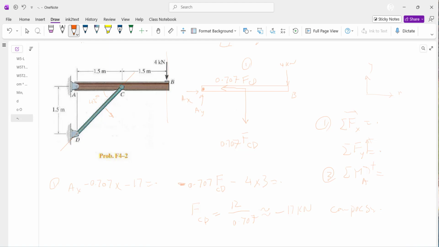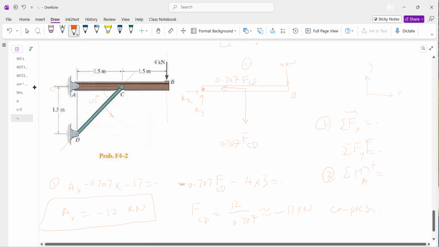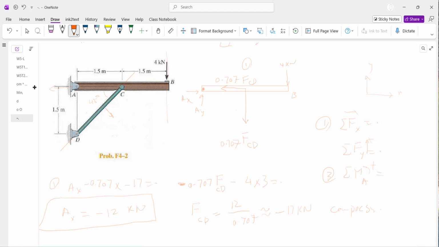So AX becomes minus 12 kilonewton, and that means when you push this one down, AX would try to pull this back. So that's the meaning of that negative sign, and that makes sense. You can visualize by pushing this down, this is not resisting forward, it's resisting backward.